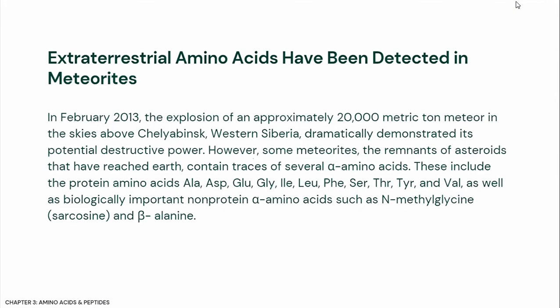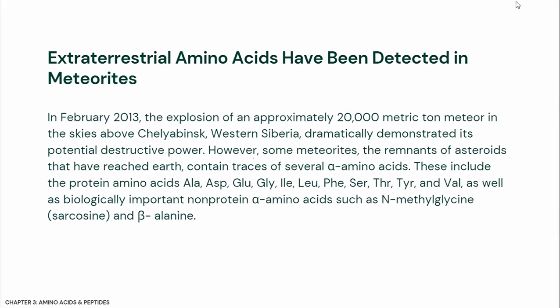Extraterrestrial amino acids have been detected in meteorites. Those who are interested in aliens, if there is life other than ours on this planet Earth, in meteorites that come down to Earth, they were able to find amino acids.